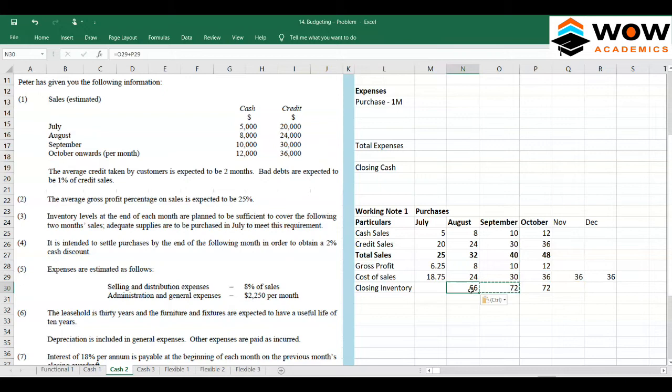In August, we should have inventory covering this, and in July we should have inventory covering this, both these months, but we don't have any previous month before it, so we have to cover this also. We have to cover July's also. So July's opening inventory itself would be a different amount.